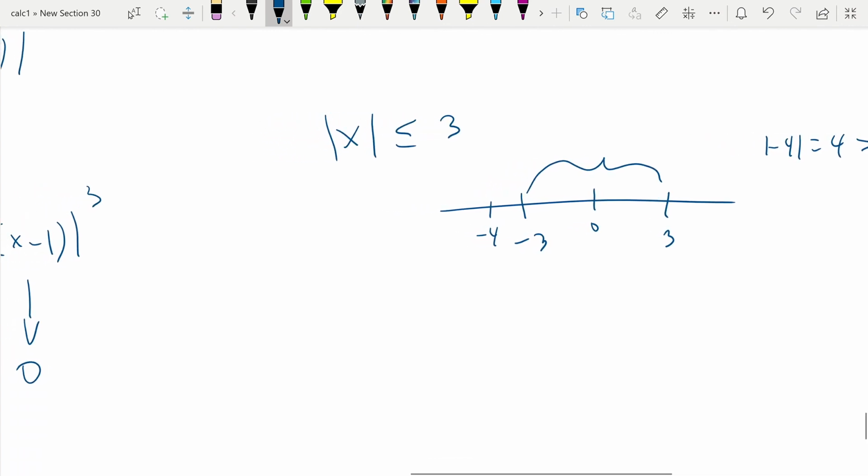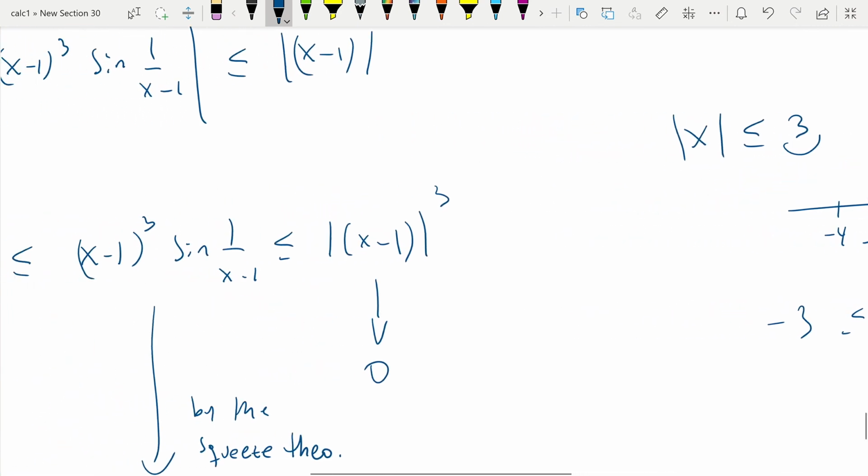And so whatever is on the right hand side, when you bound the absolute value, gives you a bound like this. So minus that expression on the right will bound x from below, and this same expression will bound x from above. So this is what we have here.